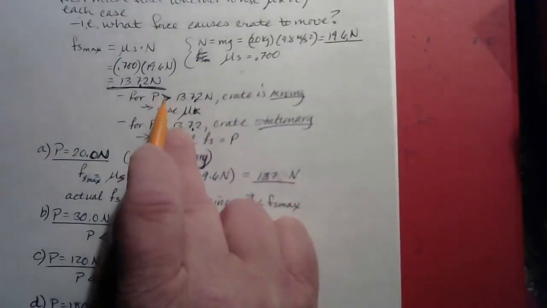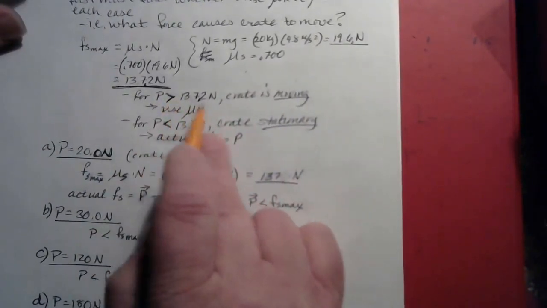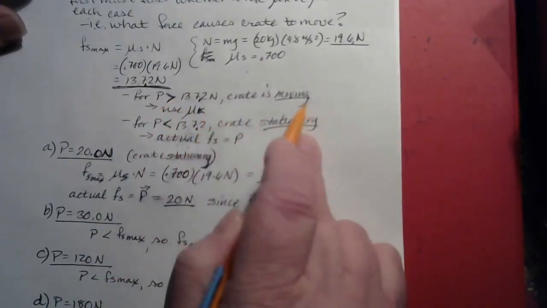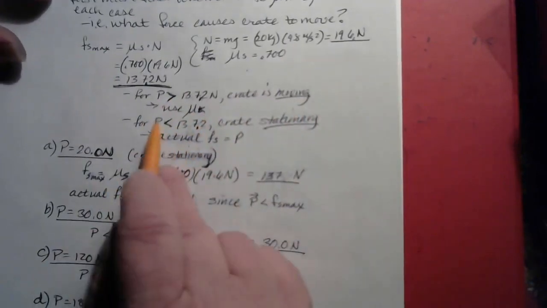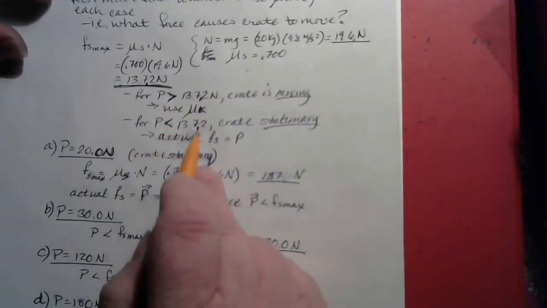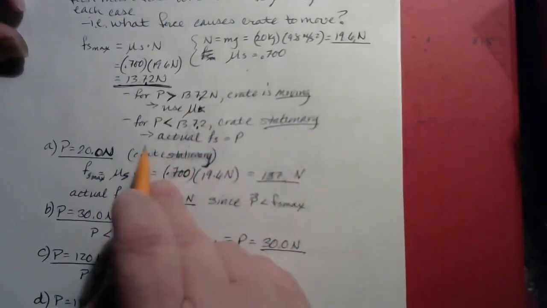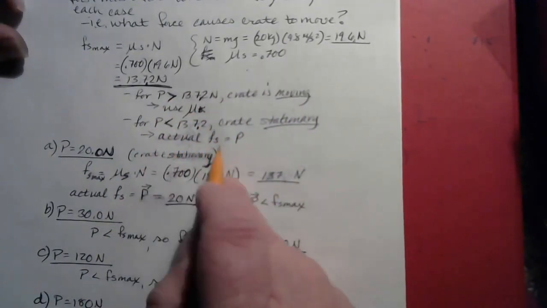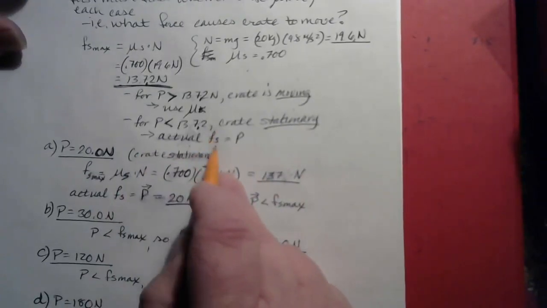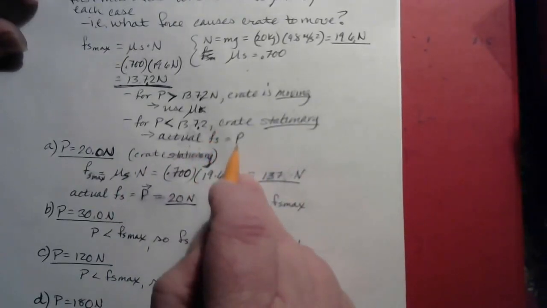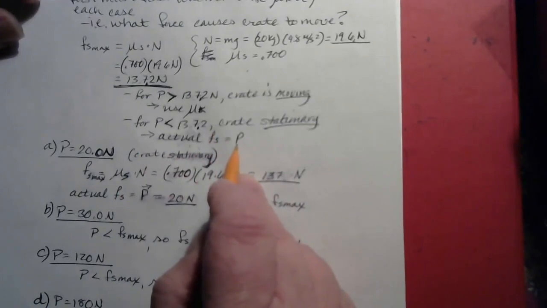So what that means is that if P, the pushing force, is greater than 137.2 newtons, the crate will be moving, and you should use mu sub k. If P is less than 137.2 newtons, the crate will be sitting still, and the actual force of static friction will be equal, in magnitude anyway, to the pushing force. Okay.